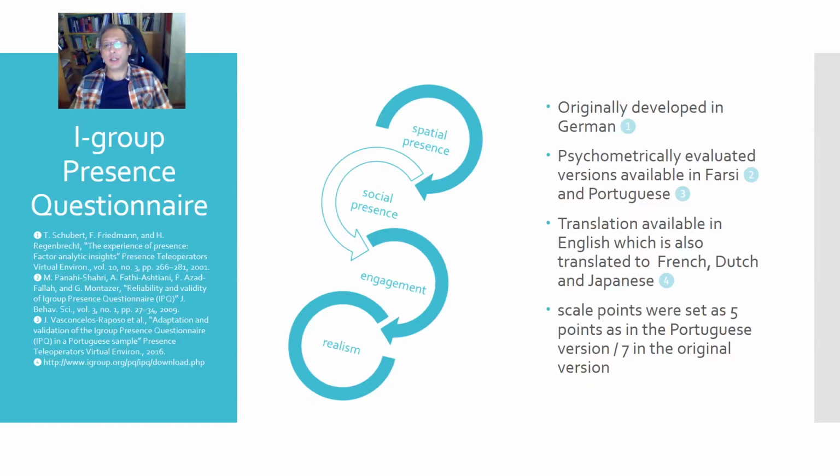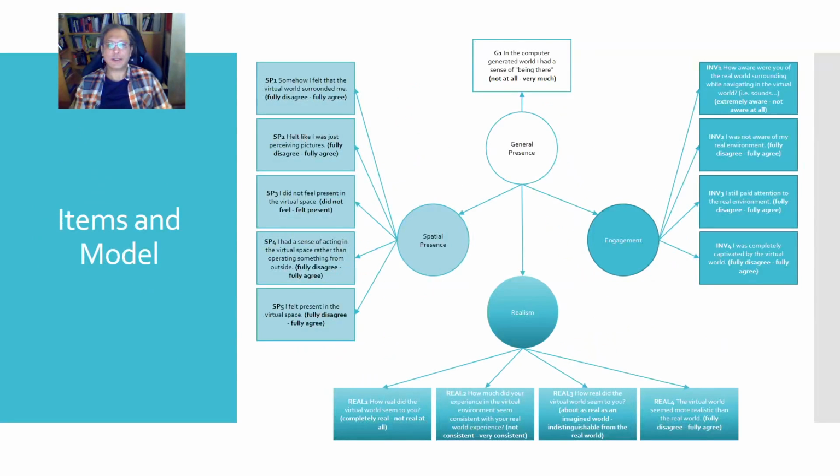However, the English version, which formed a basis to the French, Dutch, and Japanese translations also, was not psychometrically evaluated. The original scale has 7-step Likert items. In order to assess your agreement with the items, you use a 7-step Likert scale in the original scale. But like the Portuguese version, we decided to use a 5-step Likert scale.